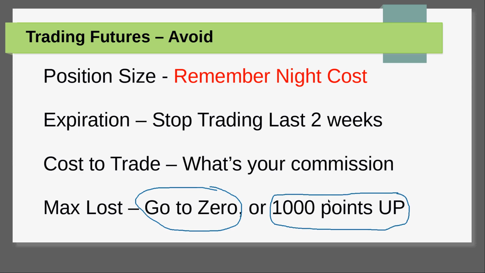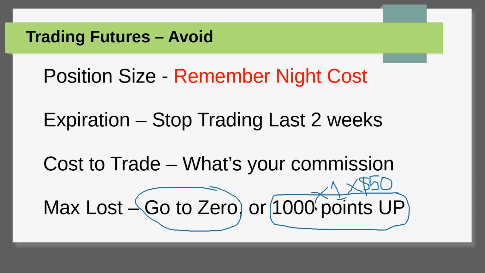But you need to be aware of what that amount is based on the contract you're trading. Remember, it's a multiplier times the number of contracts, and I'm saying one contract, times the amount per point. Say it's $50 a point. You've got to be aware of all this kind of stuff.